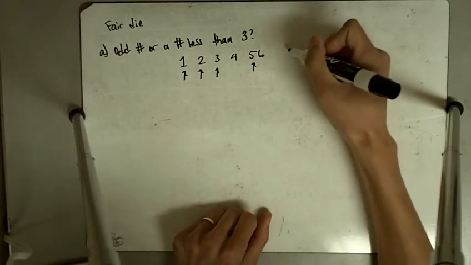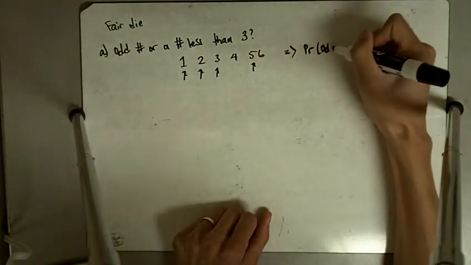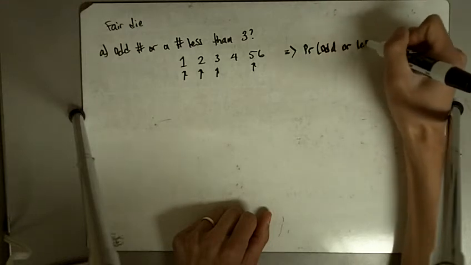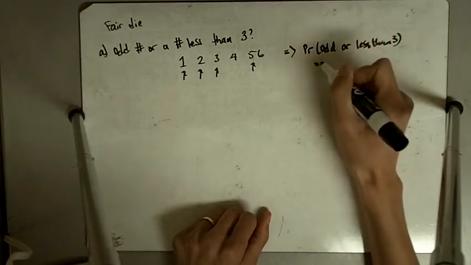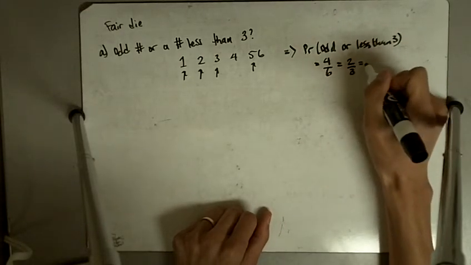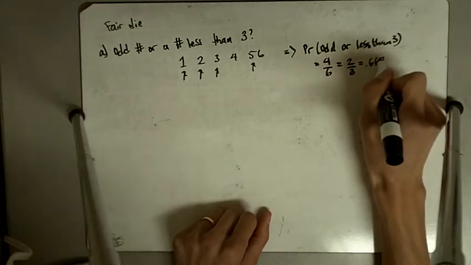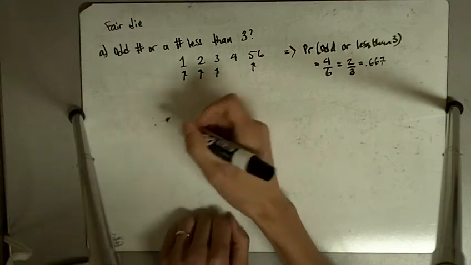So the probability of odd or less than 3 is equal to 4 out of 6, or 2/3, or 0.667. The other way is we could use the probability rules.